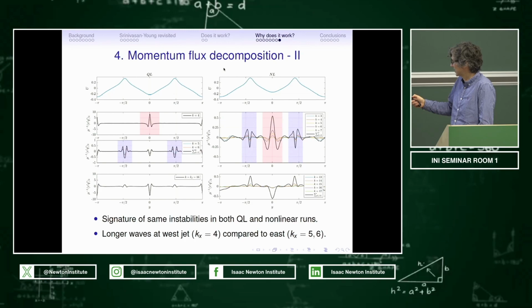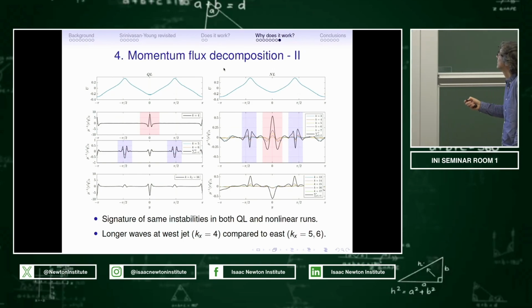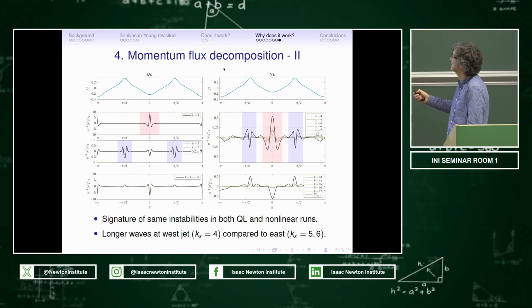Here's another plot, I don't know if I'll talk too much about this. This compares quasi-linear and non-linear calculations and goes into detail of the momentum flux balance at different wave numbers at different parts of the jet.